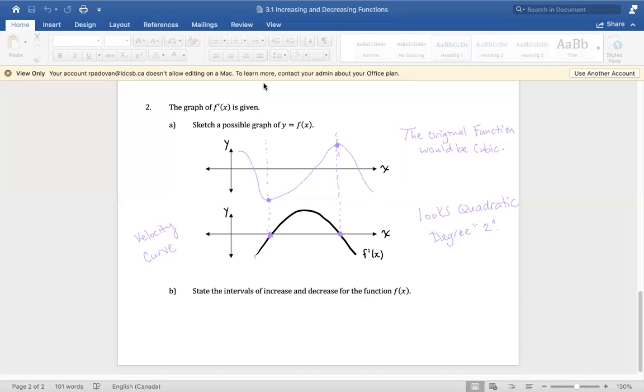So again, this section of the graph from the derivative is where my derivative started out less than 0. So because it was less than 0, I had to be decreasing. This portion of the graph here is where my derivative is greater than 0. So in this portion of the graph, I'm increasing.